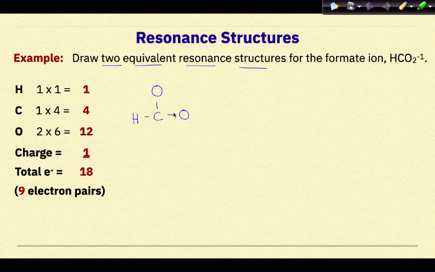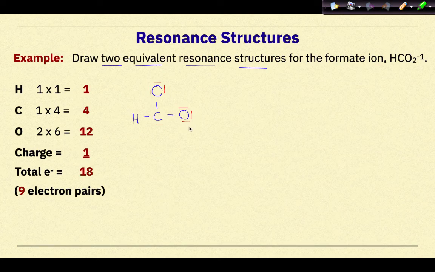How many more electron pairs do I need to give everything here a full octet? Well, this oxygen needs 3 non-bonding pairs. So 1, 2, 3. This oxygen needs 3. 1, 2, 3. And this carbon needs 1 more. So if I count up my blue and red lines, I have 1, 2, 3, 4, 5, 6, 7, 8, 9, 10.